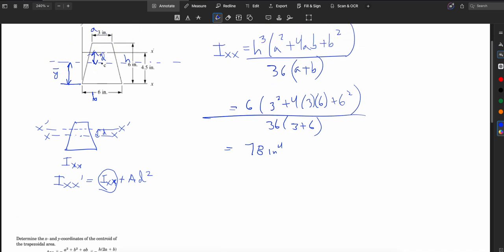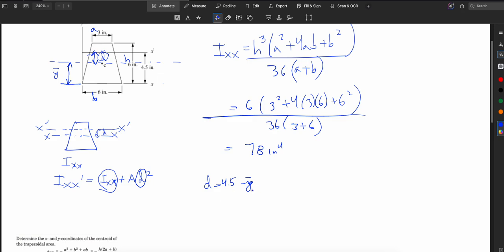And we have 4.5 inches from the very bottom to this x prime. So to get d, it will be 4.5 minus y bar. To clarify, d equals 4.5 minus y bar. That's the gap from C to here.